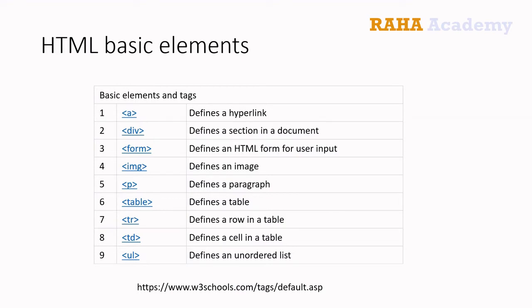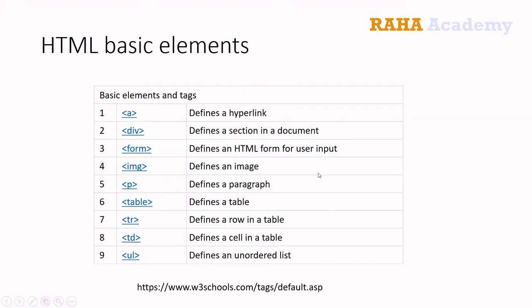They're called block elements. By default it's shown on the next line, and then there are elements which are called inline elements. These elements start in the line itself, so they don't add a new line break.